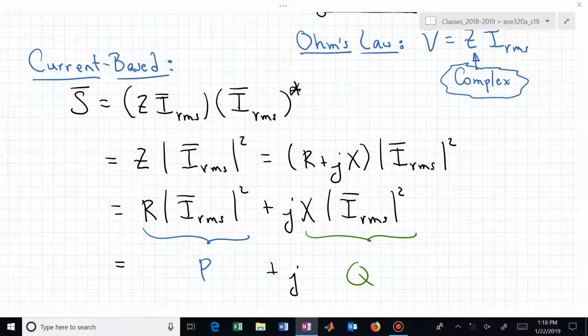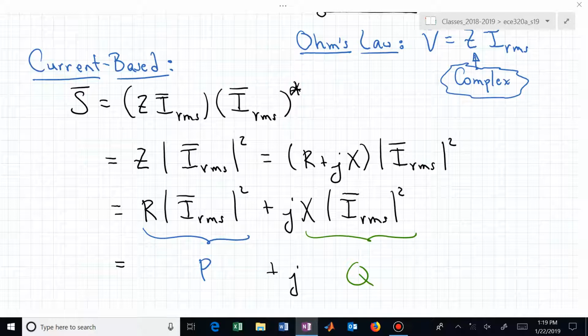We can distribute that number, I squared, across these two orthogonal component parts of our complex power, and now we can see that the real power, P, is just the net resistance in that impedance expression times the current squared, whereas the reactive power, Q, is X times the magnitude of the current squared.